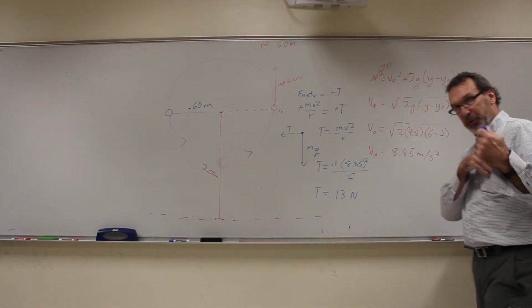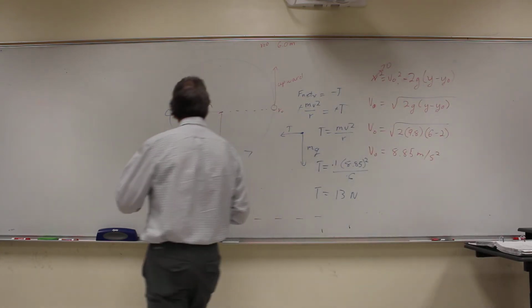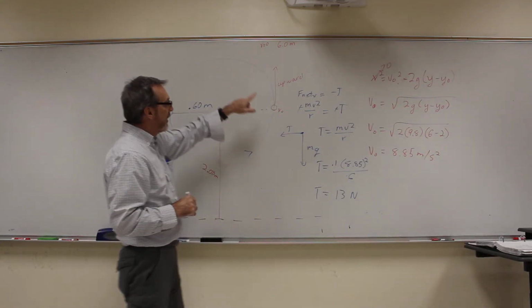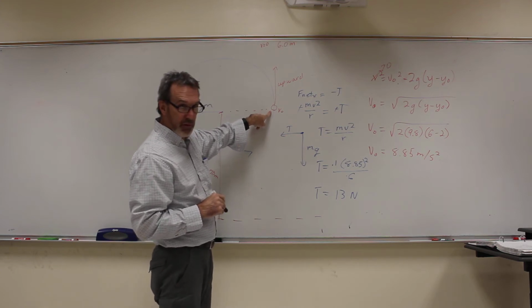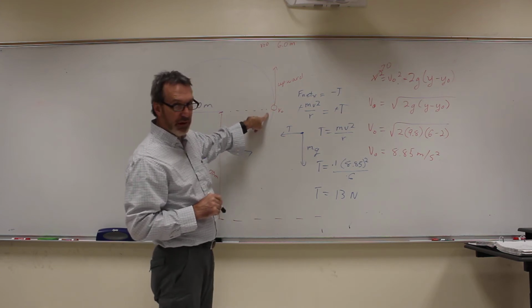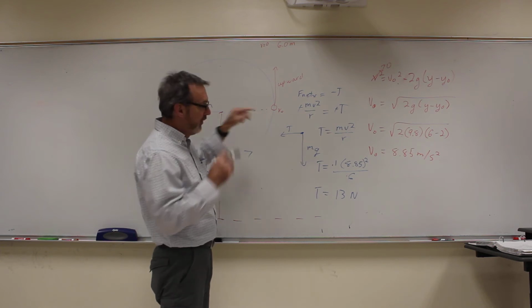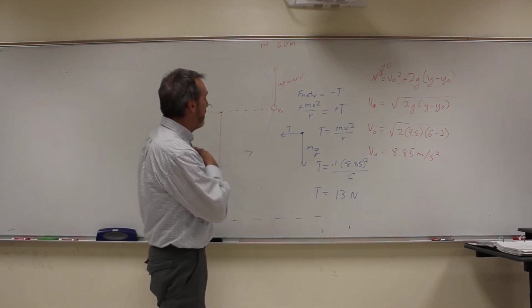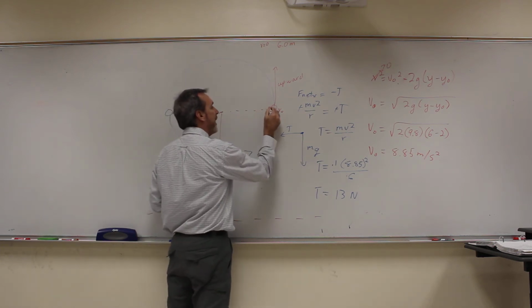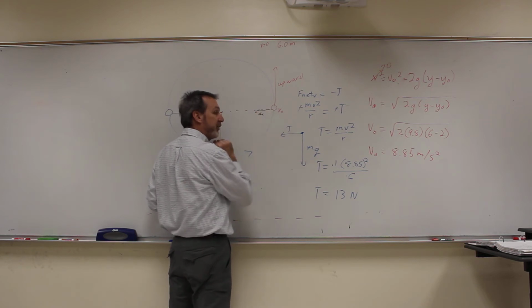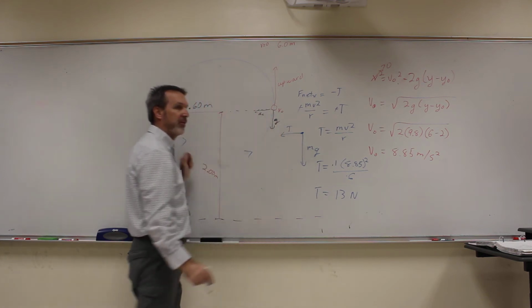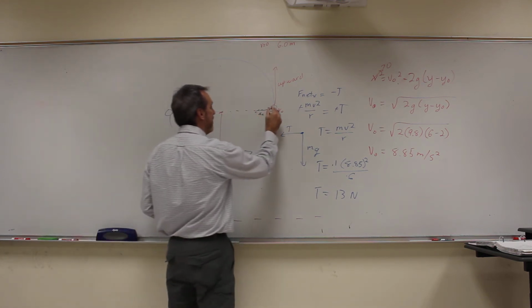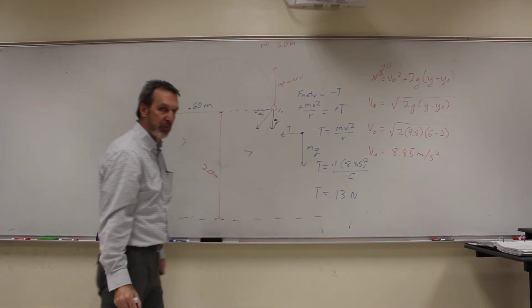But I don't want to stop there, because we can do another thing. What I want to know is, at this point right here, right before it's released, what is the total acceleration on that ball? So we want to know the combination of the centripetal acceleration right before the string breaks, and we have gravitational acceleration, g, in this direction. So our total acceleration is actually going to be a combination of those two.